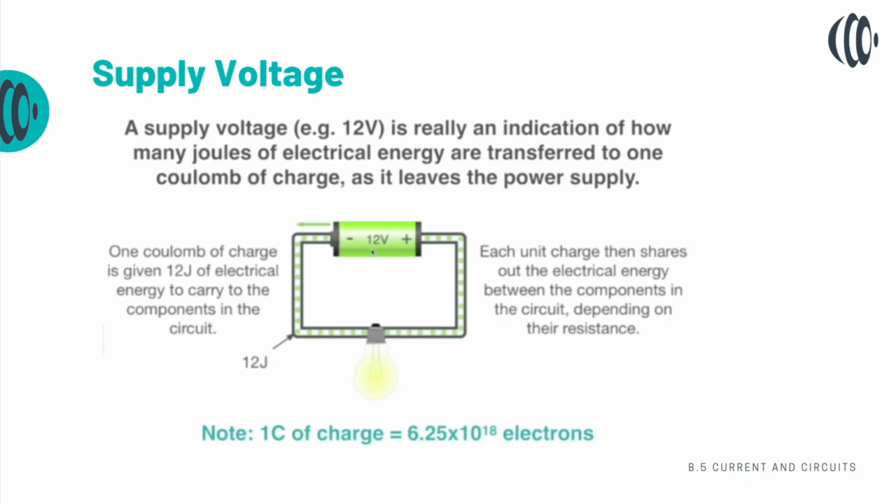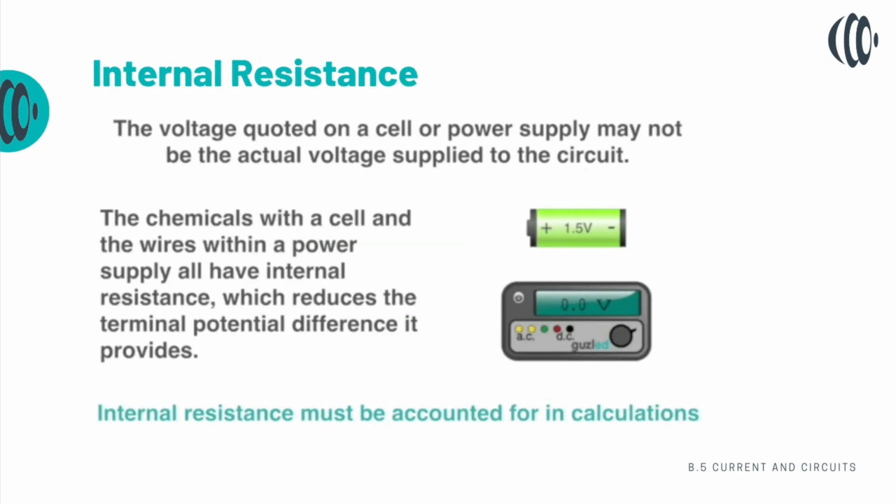That's not to say that each electron gets 12 joules of energy, because in 1 coulomb there are actually 6.25 times 10 to the 18 electrons. So that group of electrons receives 12 joules of energy. We now know what electromotive force and potential difference is.